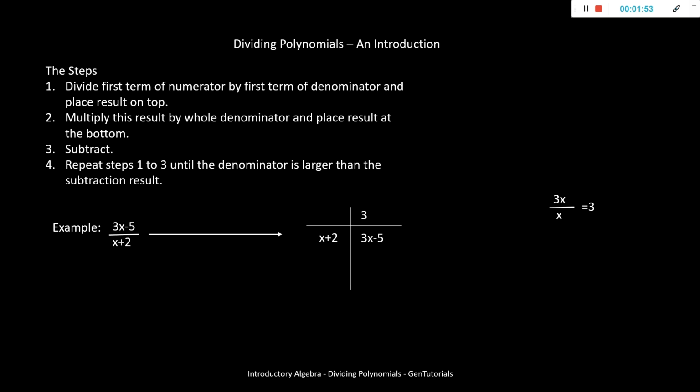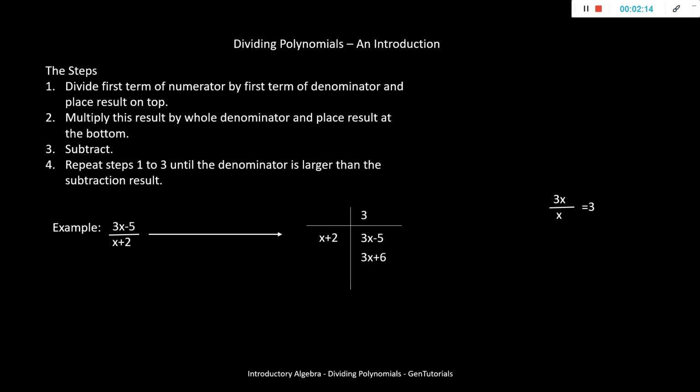Step 2. Multiply this result by the whole denominator. So you have to multiply 3 by x plus 2 and place the result at the bottom, meaning beneath 3x minus 5. So 3 times x plus 2 is 3x plus 6. You place that there.